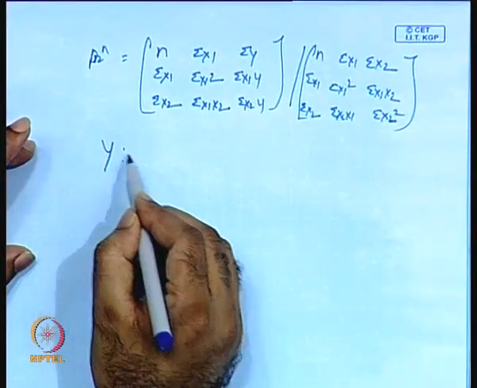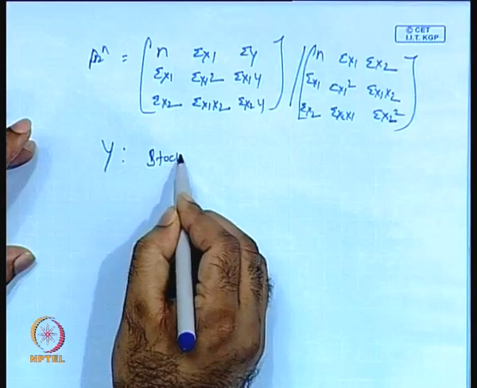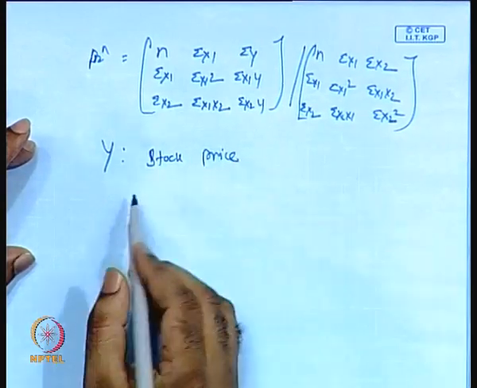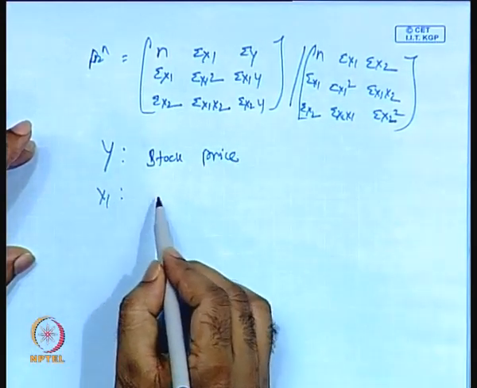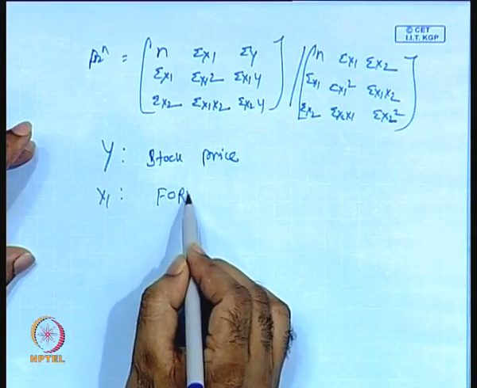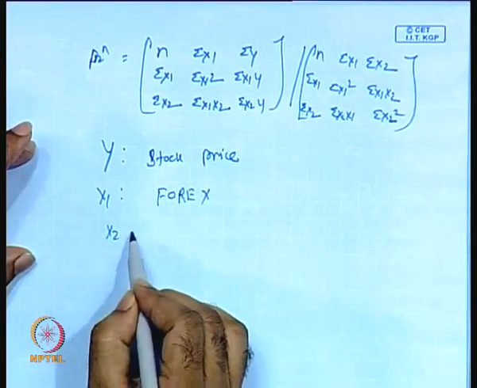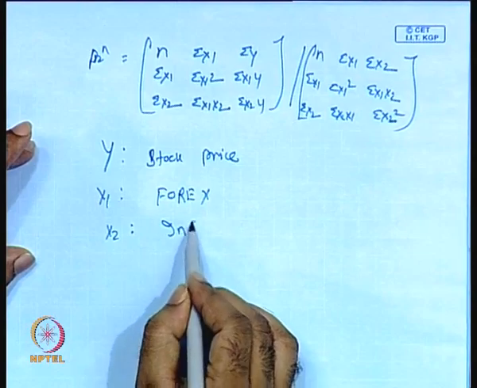So now we practically will take that, let us say y is a stock price, then x1 is forex, then x2 is inflation.